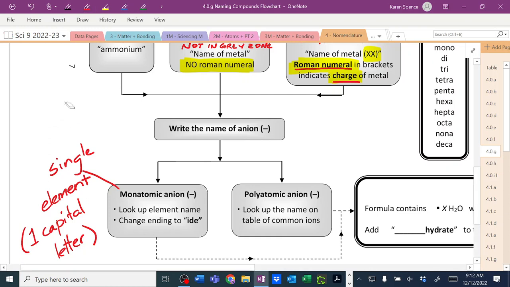Oxide. Okay, but if you have a polyatomic ion, FeNO3, you would just look up the name on the pink sheet. Which would be NO3 is nitrate. So that would be iron 3 nitrate.